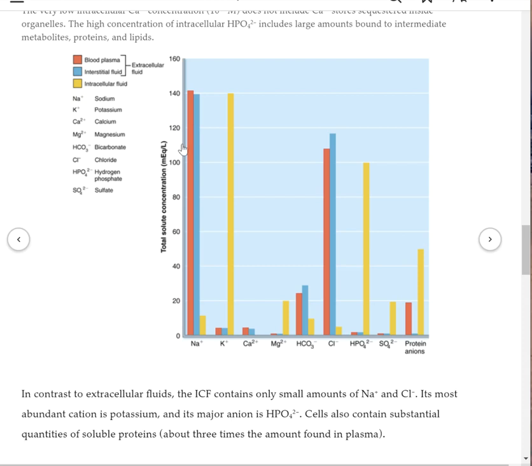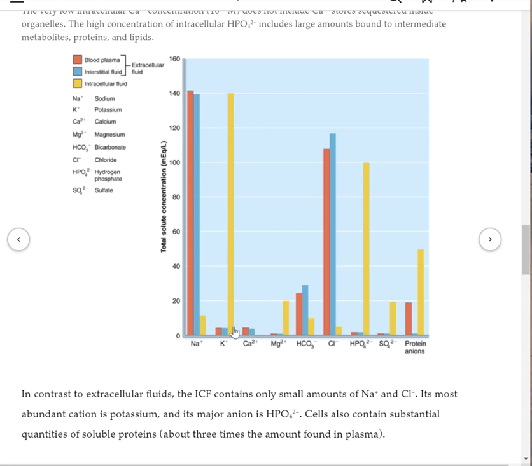And so they're looking at sodium here, so a lot of sodium in extracellular fluid, not much in intracellular fluid. And then look at the switch: very little potassium in extracellular fluid, but a lot of potassium in intracellular fluid.